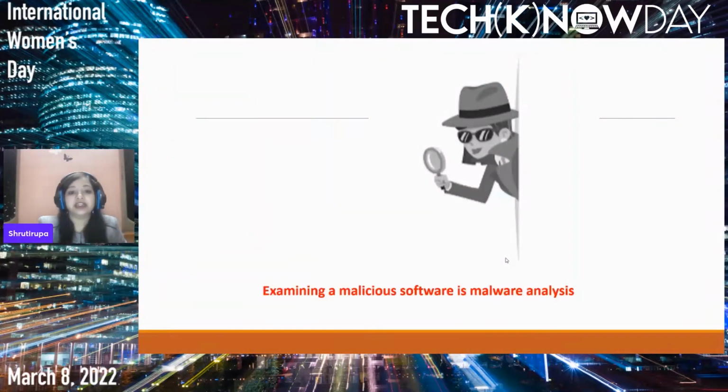Analyzing that particular malicious software is malware analysis. We are examining a software that we think could be suspicious, or that is performing some kind of activity it is not supposed to do. So while we are examining a malicious software, we call it malware analysis.